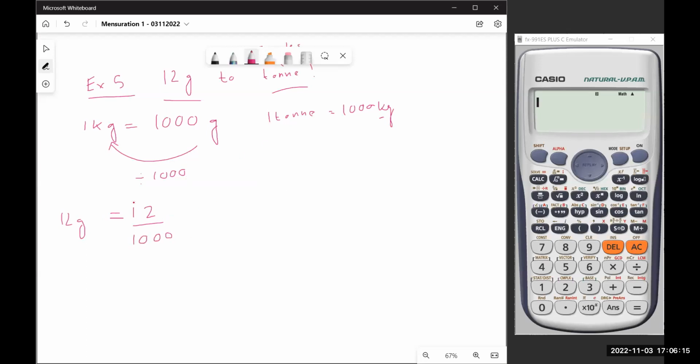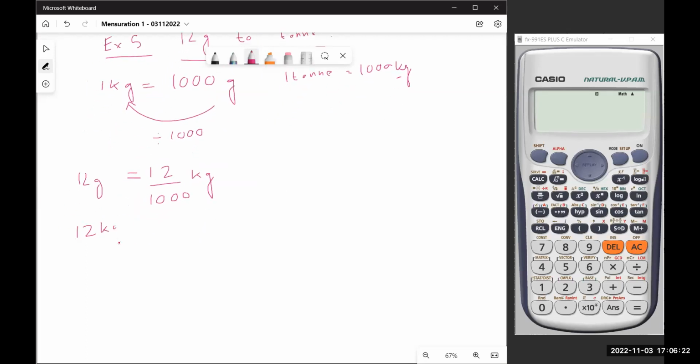And again, I'm going to divide by 1000. So 12 by 1000 kg is equals to 12 by 1000 into 1000 ton. Done. That's my answer.